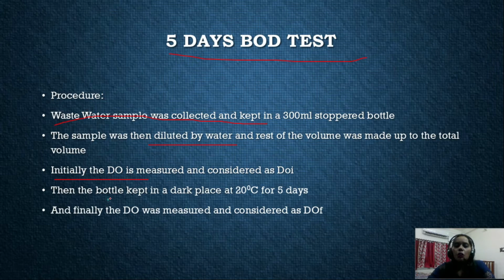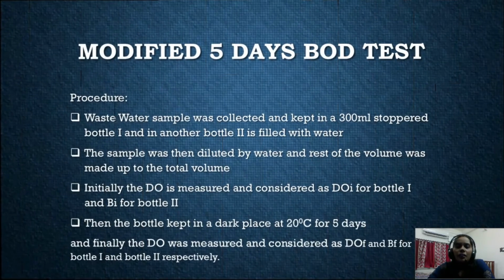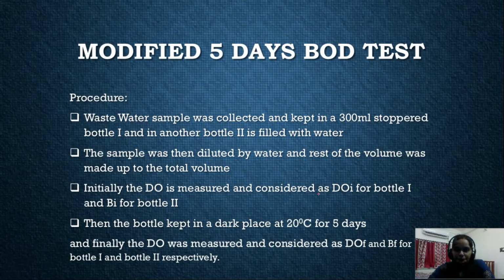After that, the bottle will be kept in a dark place at 20 degrees centigrade for 5 days, and after 5 days, after the reaction, we finally measure the dissolved oxygen again. Your BOD will be the initial value of the dissolved oxygen minus the final value of the dissolved oxygen, divided by P.